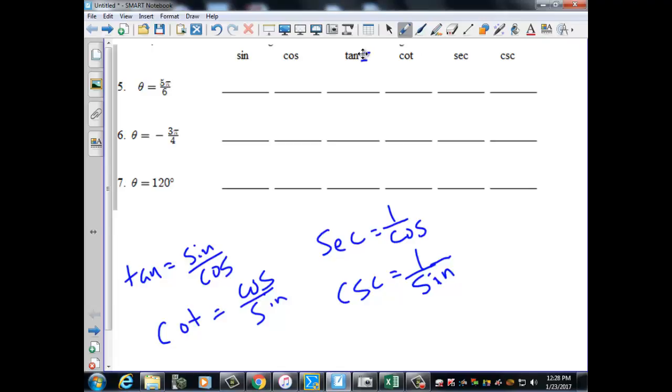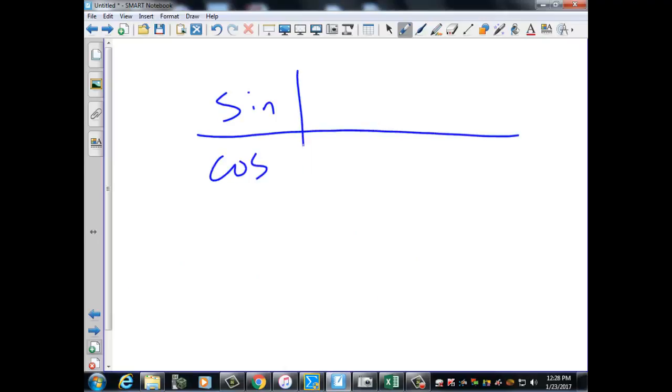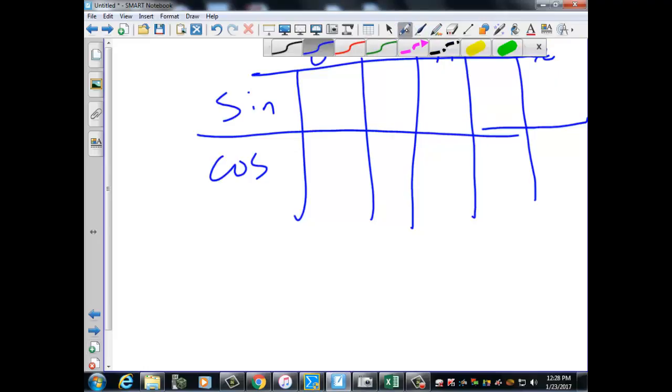All right. Now, going back and making that chart again, we got sine, we got cosine, we've got a lot of values. We got 0, pi over 2. Remembering that pi over 4 is in the middle. And then count: 2, 4. This is 3.